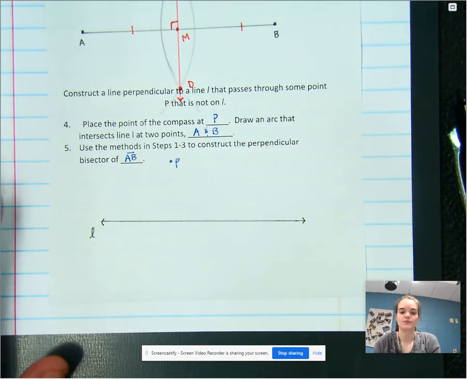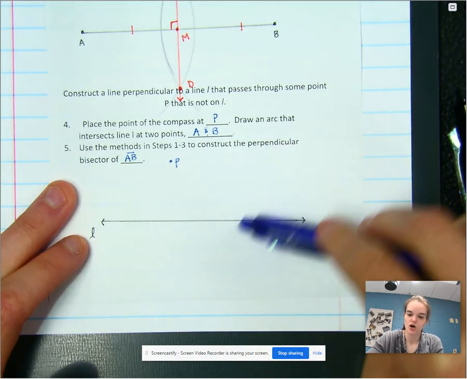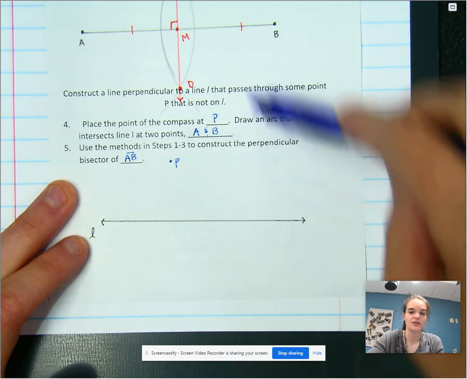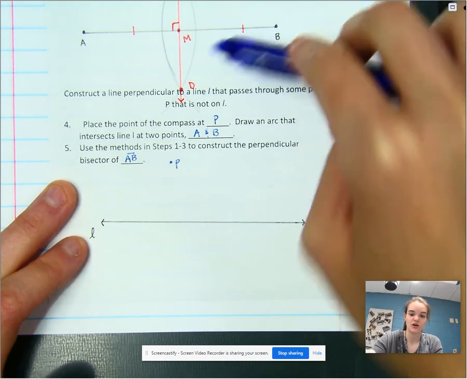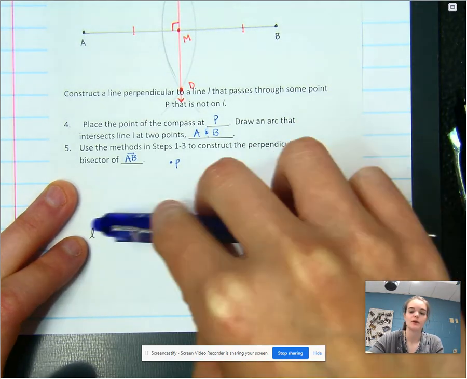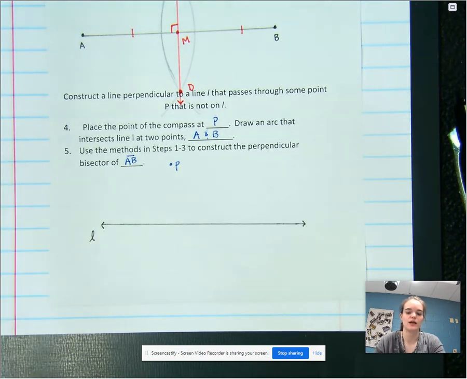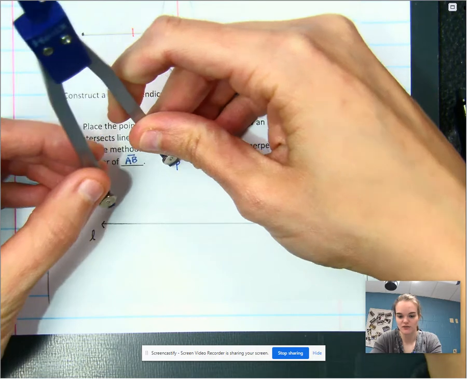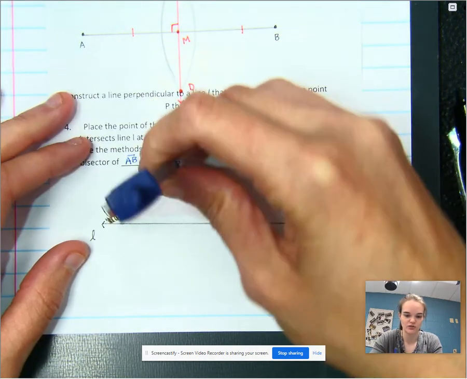So what we're going to do is draw and make a smaller segment on this line. Then we will repeat these steps. Now, the segment will be cut in half, but obviously the line will not, because you can't cut a line in half. So P, I need to have something wide enough so that it'll cross this twice, and it looks like this will.